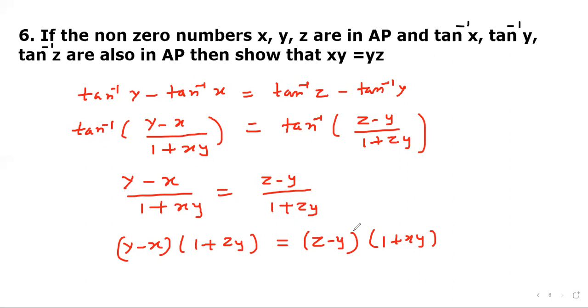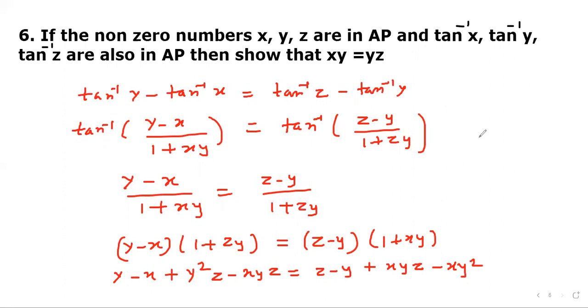Now we can further simplify it. If we open the bracket, we will get y minus x plus y square z minus xyz equals, from here, z minus y plus xyz minus xy square.